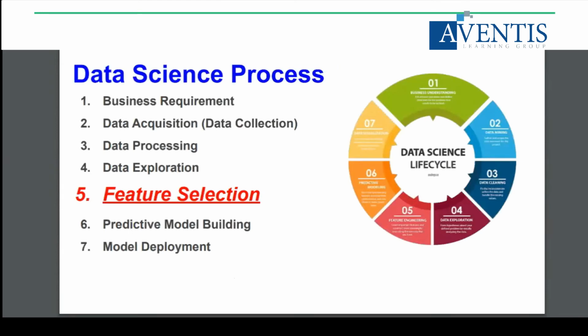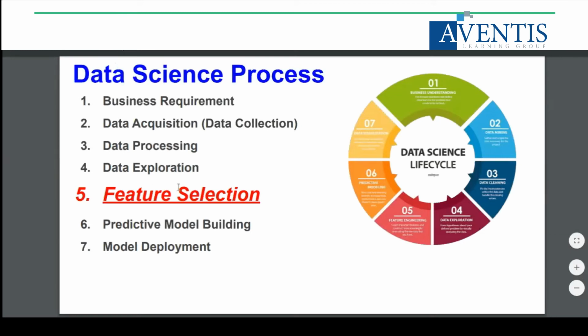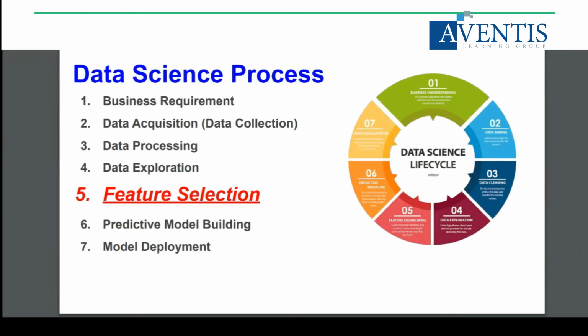So these are the 7 most important components in the data science life cycle. The first one is the business requirement, which means you need to ask an important question, or whatever exciting question in that particular field you need to solve.